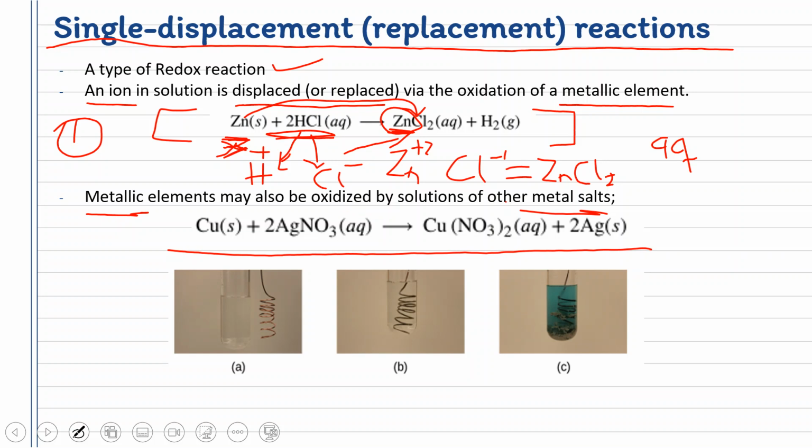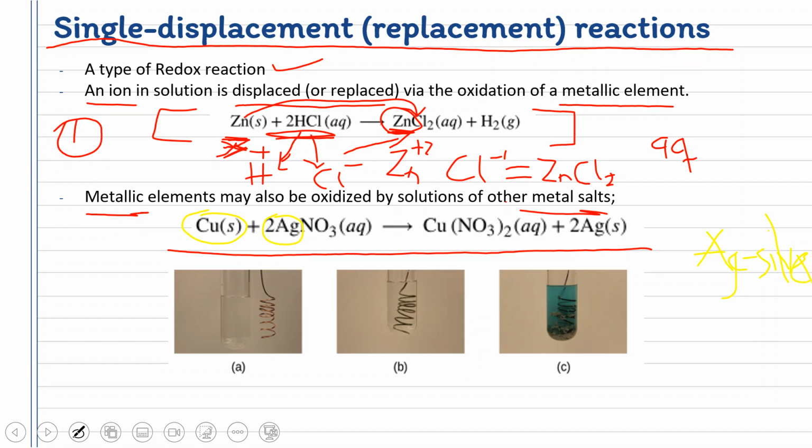So let's see which metals are replacing which metals. First metal we can see here is copper. Let me change the color. So let's identify the metals. One of the metals is copper. Copper is a metal. The next metal we can identify is silver. If you don't know Ag, Ag stands for silver.